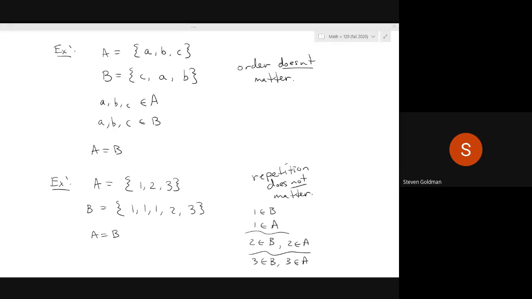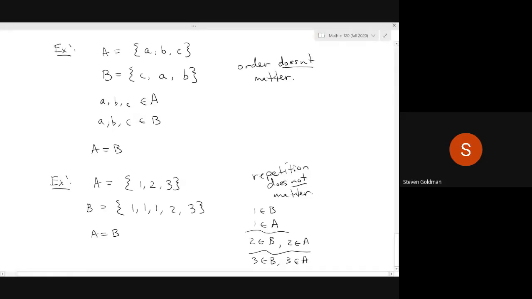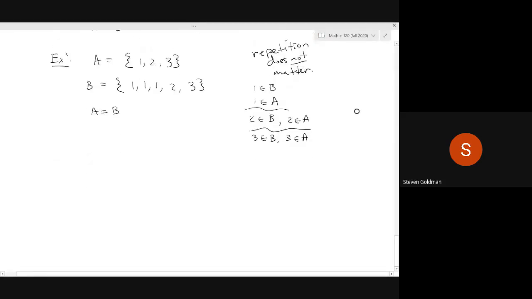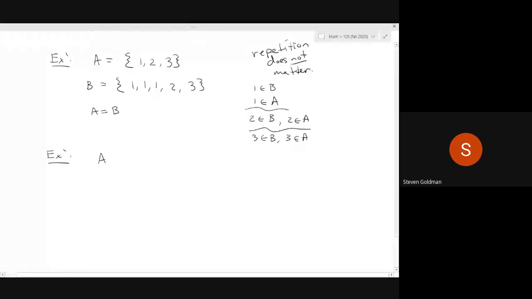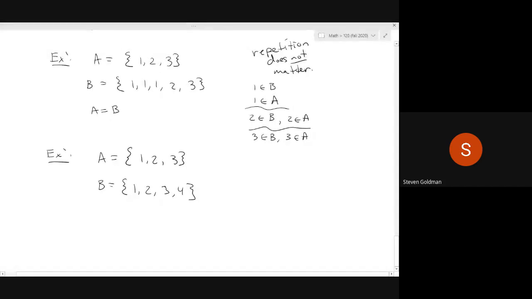All right. So what would be an example of two sets that are not equal? I think everybody would figure that out pretty quickly, but let's do an example of that together. Again, let's say I have a set A that has the numbers 1, 2, and 3. B is a set that has the numbers 1, 2, 3, and 4. These two sets are not equal.